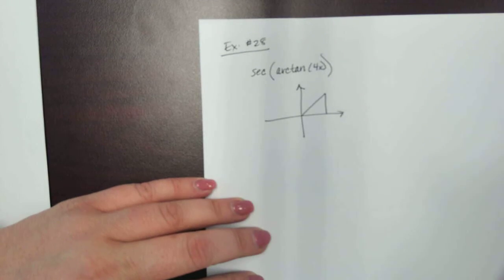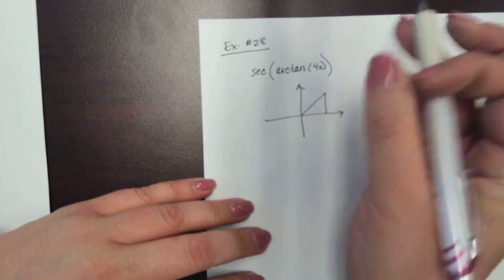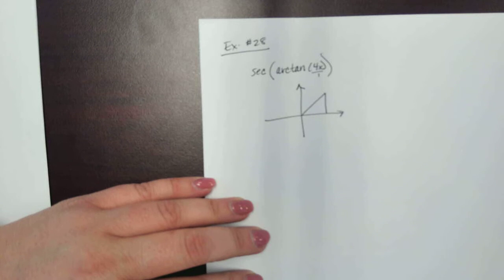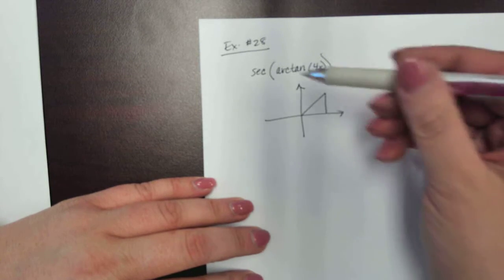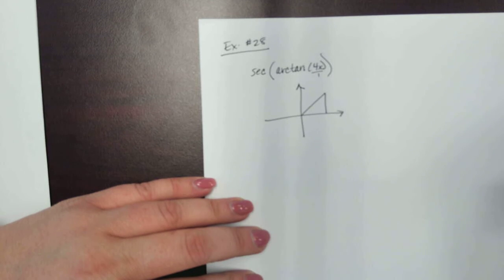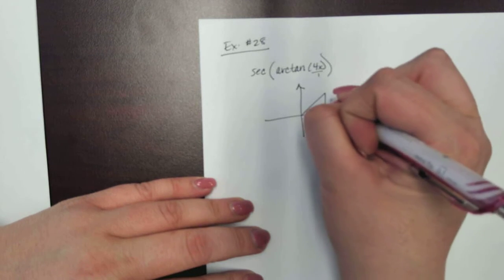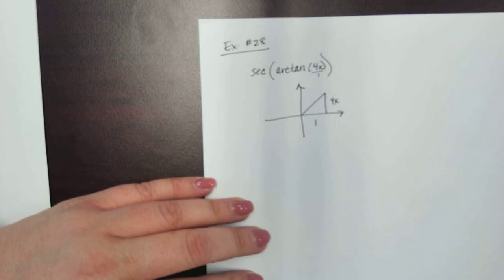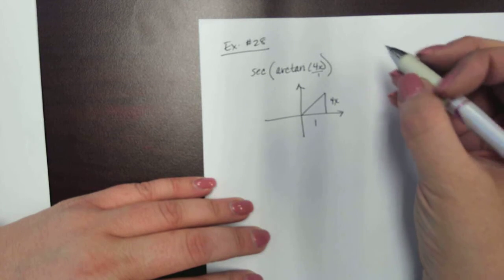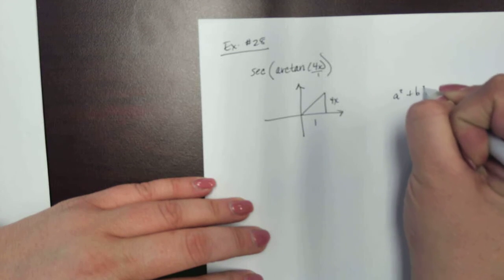So I'm going to put this here. This is 4x, and I can imagine it's over 1, since 4x is the same as 4x over 1. Tangent is opposite over adjacent, so this is 4x, this is 1. What is my hypotenuse? I need to use the Pythagorean theorem: a squared plus b squared equals c squared.